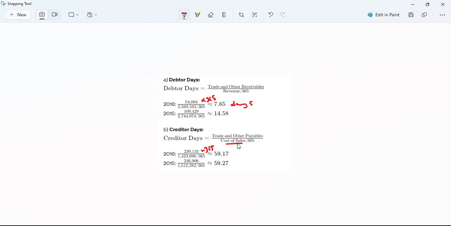You pick the cost of sales because the cost of sales takes account of the purchases. But if you're not given the cost of sales, there's just credit purchases. In fact, we're interested in the credit purchases. You can use the credit purchases, but if both of them are given, you use the cost of sales.